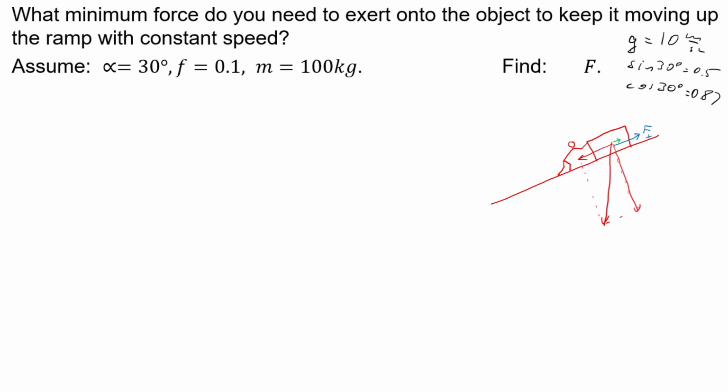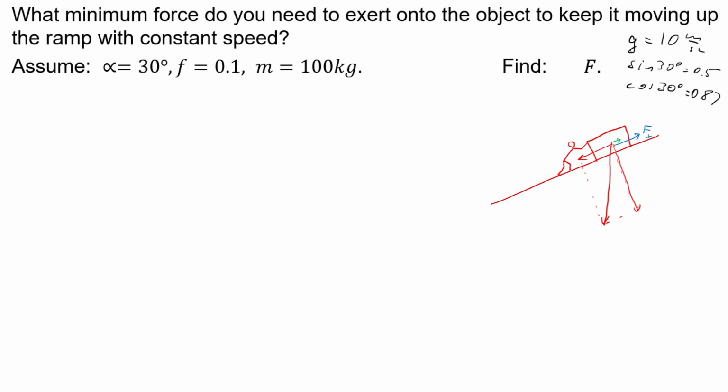What else? We need these forces to balance, because the question says to keep it moving up with constant speed. And from the first law of motion, we remember that constant speed is achieved by an object in an isolated system on which no force is acting, or all forces are balanced.